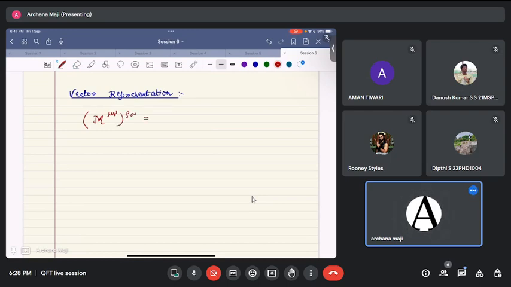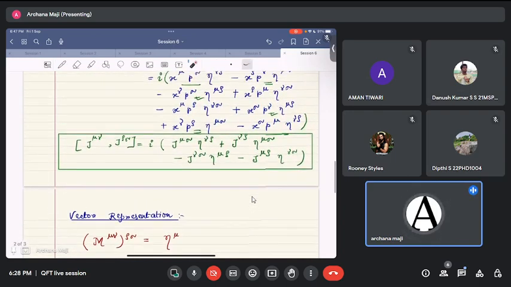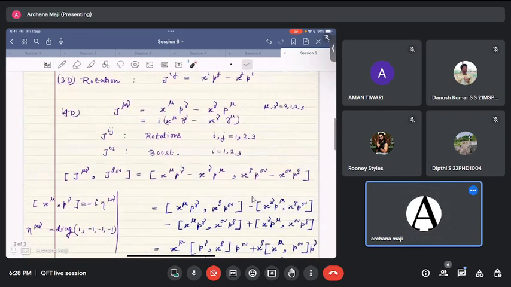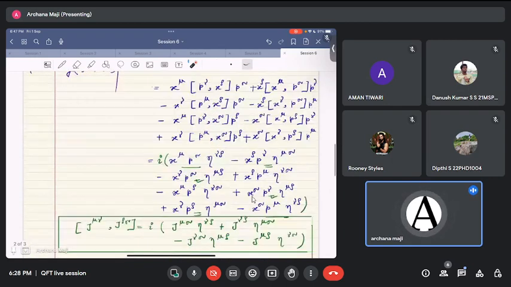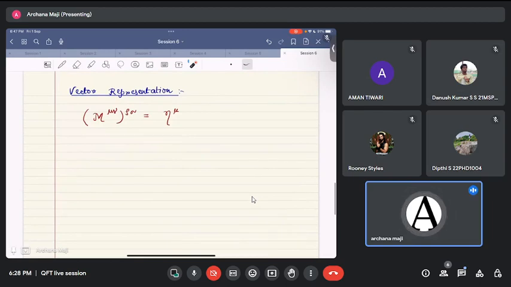And yeah, so the definition is, so this is anti-symmetric under the exchange of mu nu. Okay, so what we are doing basically is that there are 6 generators of Lorentz transformation. Now we are trying to write down a finite dimensional representation.